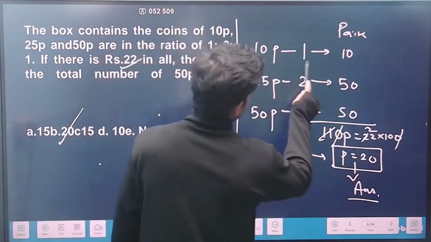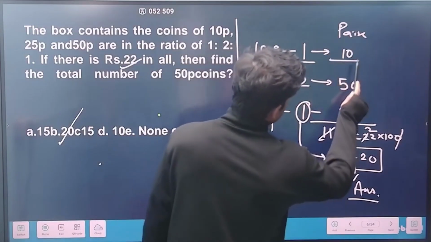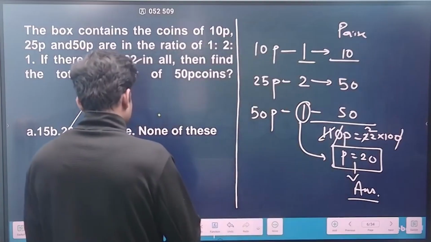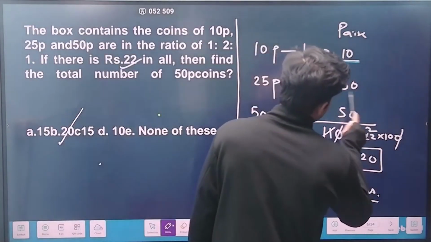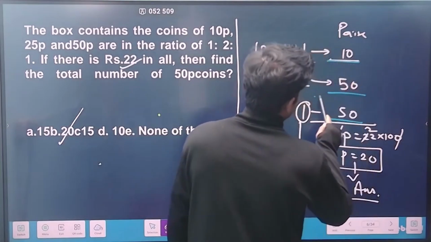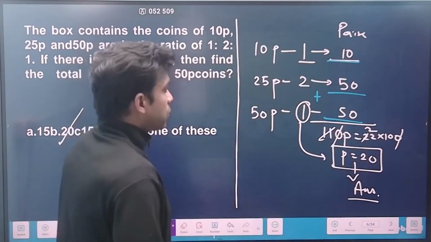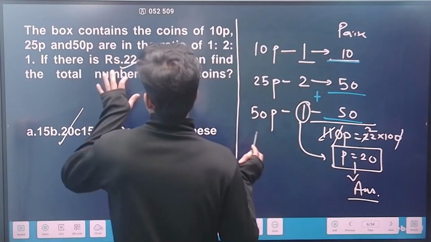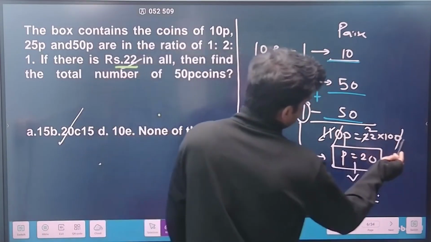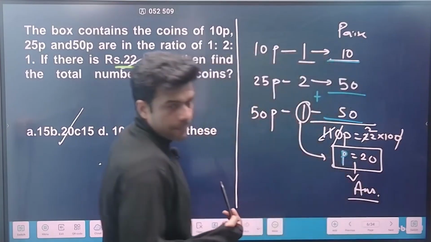I've converted all of this into paise. I'll just add it up: 50 plus 50 is 100, plus 10 is 110. So total I'm having 110 paise. In terms of rupees, this is 22 rupees, so 22 into 100 is paise, and from here the value is 20.